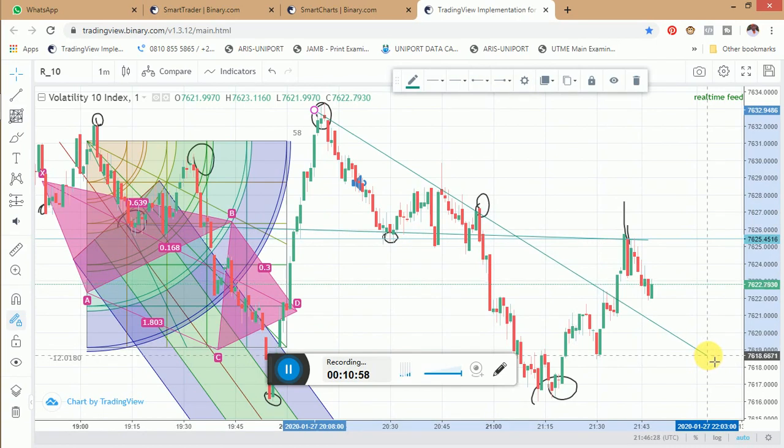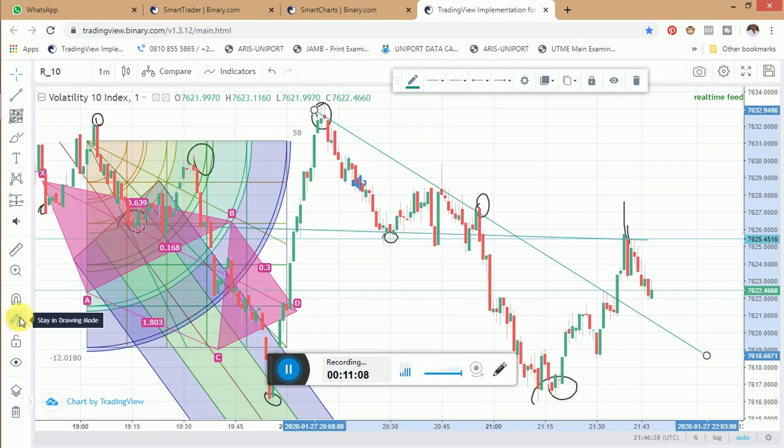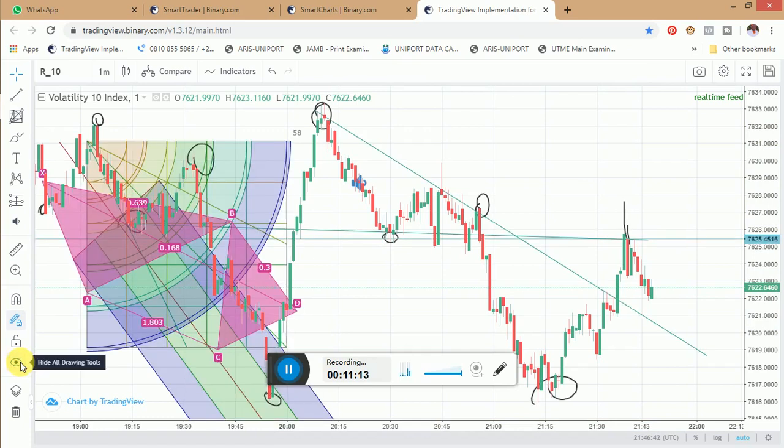And then here, okay, here you can lock drawing. Here you can stay in drawing mode. Here you can lock all drawing. Here you can hide or unhide drawing. If the drawing is making the chart not usable, you can hide or unhide it.